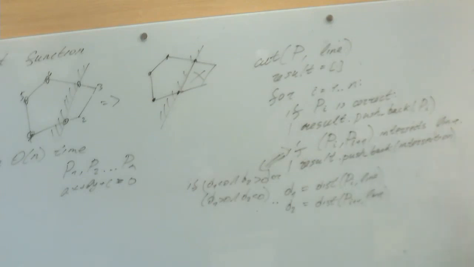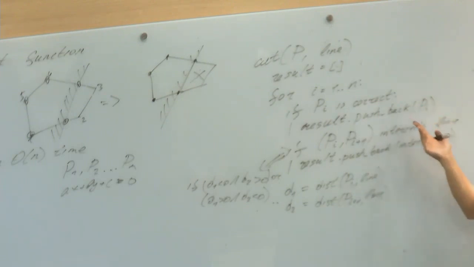Here you probably need to use some epsilons, because if you use the cut function multiple times, the intersection is not an integer point, so you probably calculate intersections in doubles.